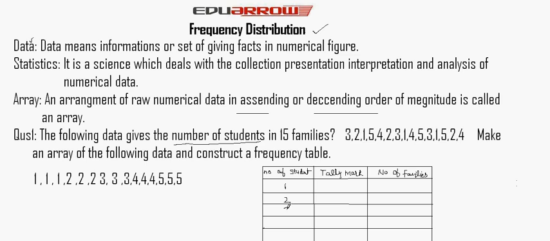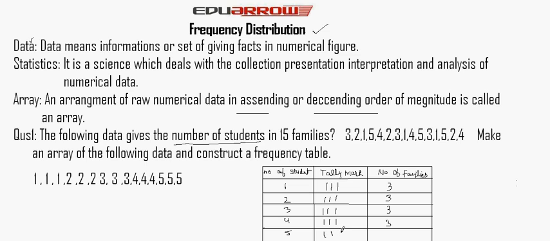1 comes 3 times in this table, so we take here 3 tally marks, 1 2 3, and the number of families is 3. And 2 comes also 3 times, so we take here 3. 3 is also 3 times, so we take here 3. 4 is 3 times also, so we take 3, and 5 is also 3 times, so we take 3 also here.